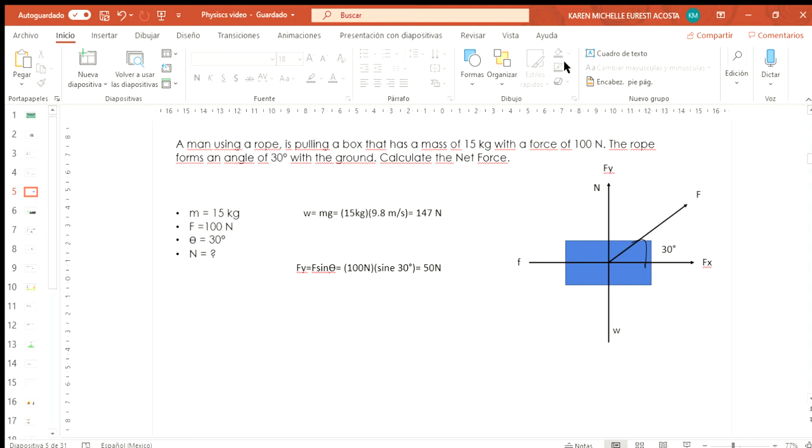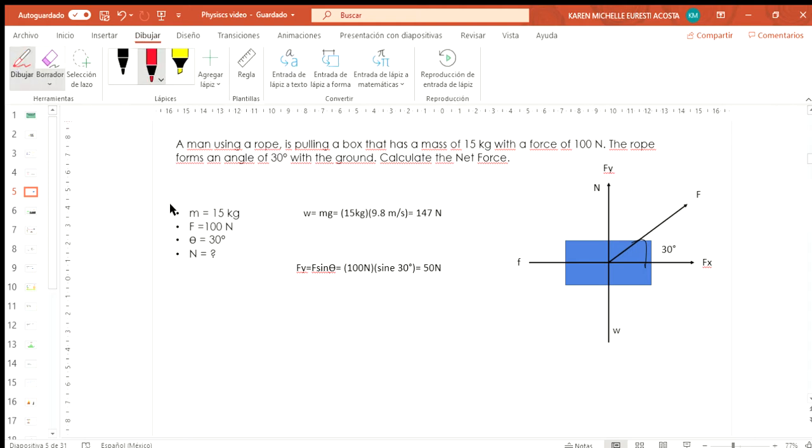Well, the next step is to do the summation of forces in Fy, and it will always be 0 because it's not going upwards or downwards, so it's always 0.